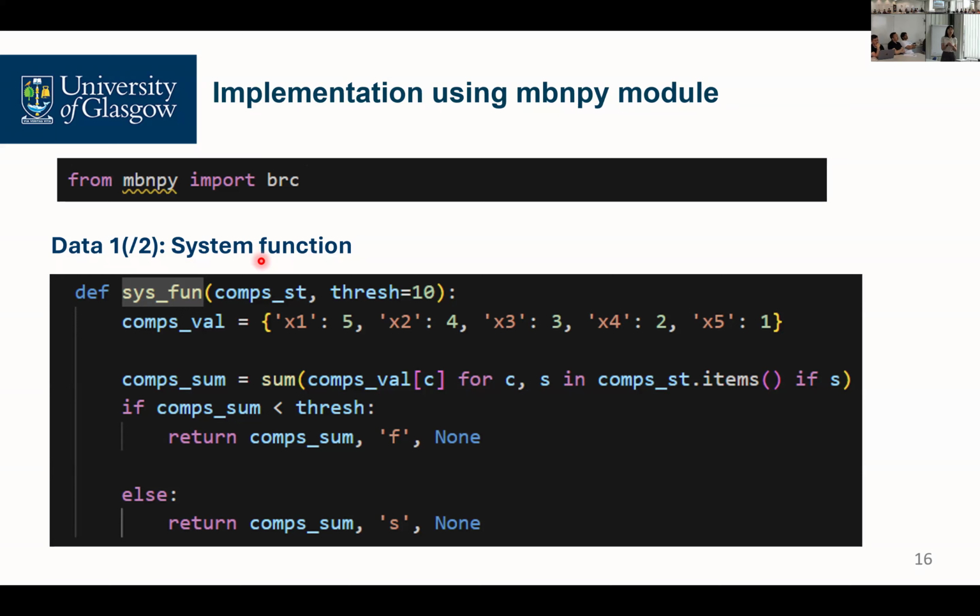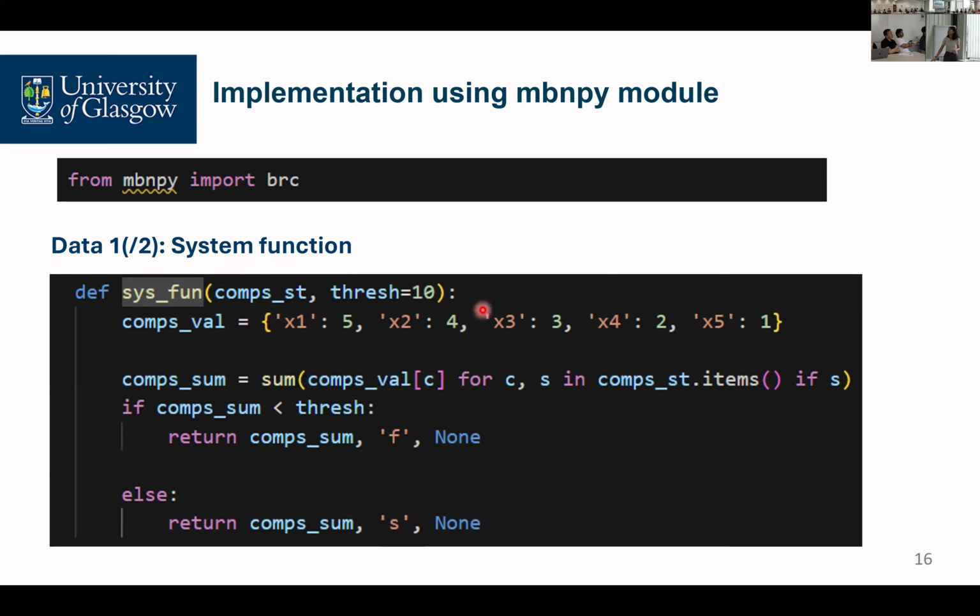and the component probabilities. First, the system function needs to get the component state as the input, and it needs to return whether it fails or survives.